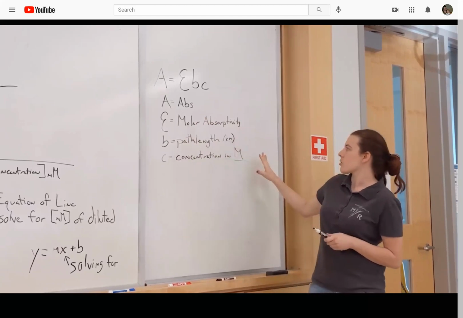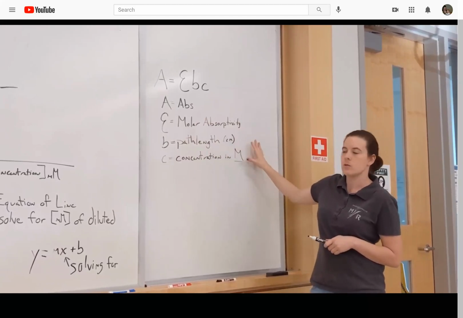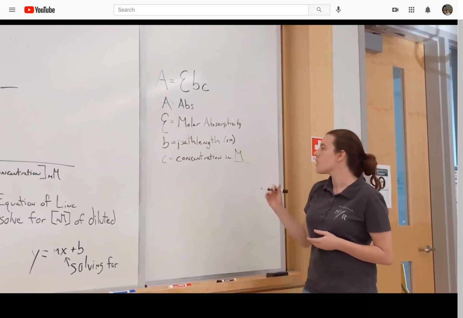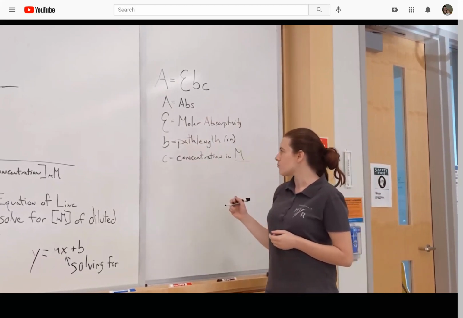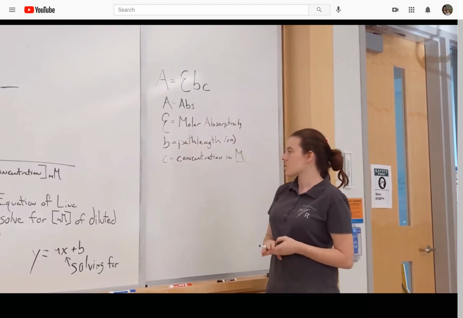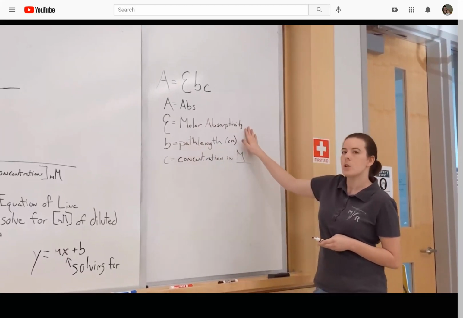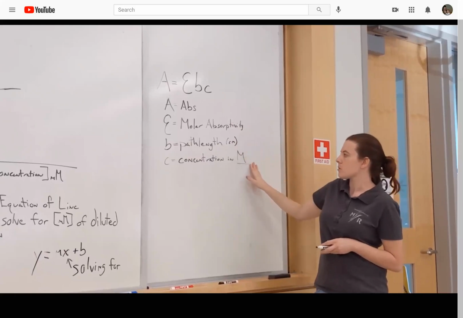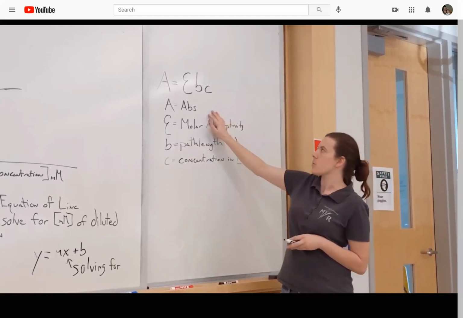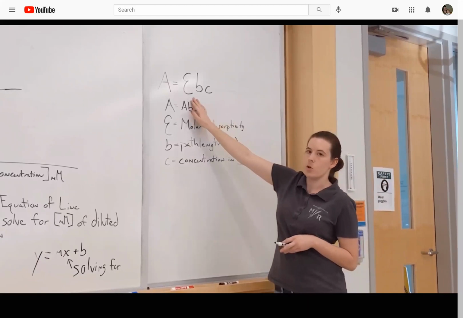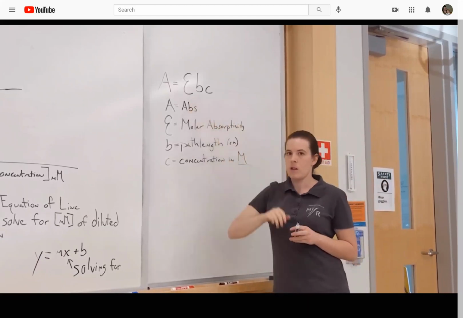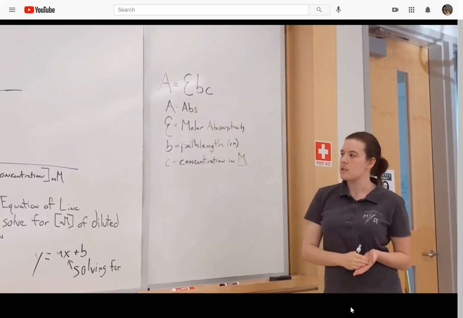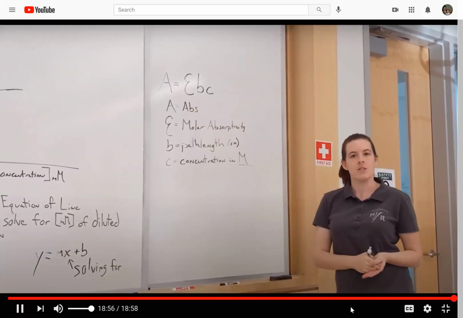And it's important to make sure that you're in the correct units so that you don't get these numbers mixed up incorrectly. So, in order to solve for your molar absorptivity, we've given you that the path length is 1 centimeter. You'll plug in concentration and the absorbance and solve for your molar absorptivity. And that should be enough to get you going with these calculations. If you have any questions, feel free to ask your TA.